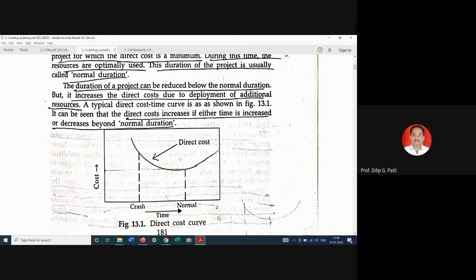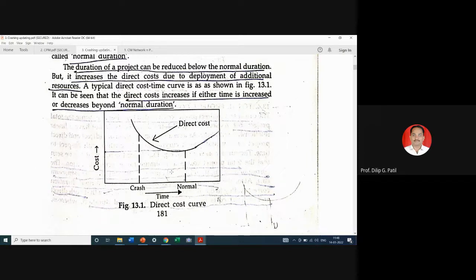Okay, got it? How this relation changes with respect to cost and time duration.